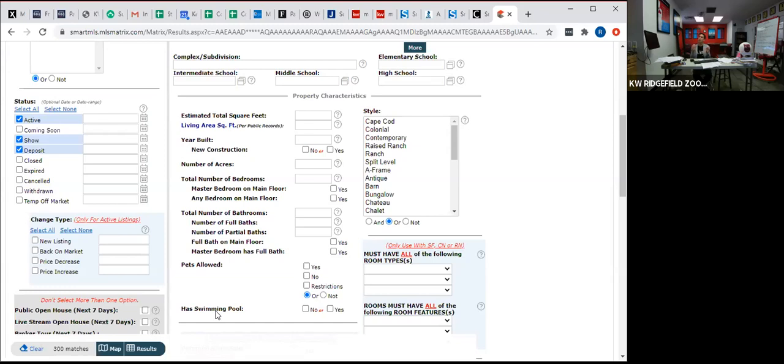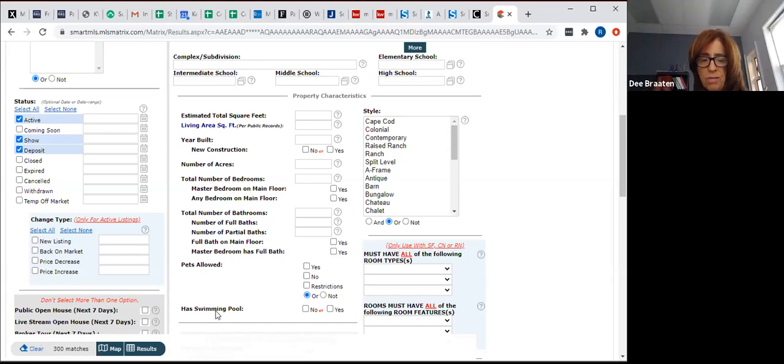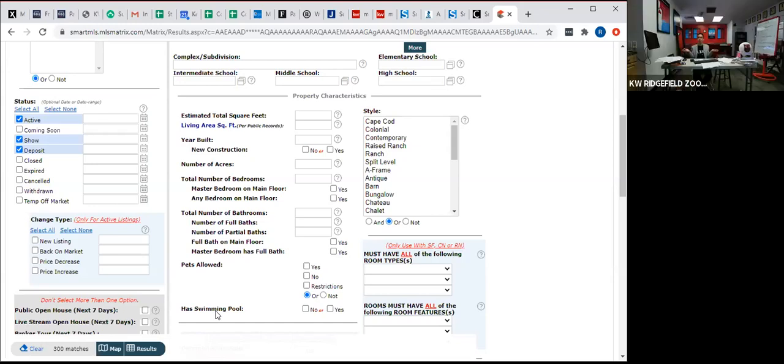Which, by the way, guys, is that a buyer's market, a seller's market, or a transition? Sellers. That's a crazy seller's market. 2.7 is a crazy seller's market. Versus 6 months supply of inventory, which is right on the border of transitioning into a buyer's market. Those are two very different messages.